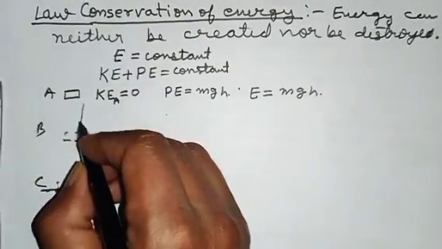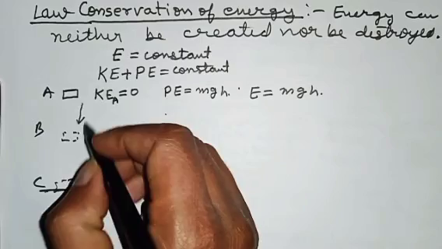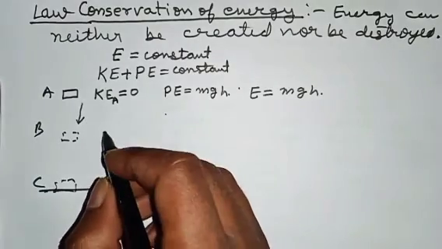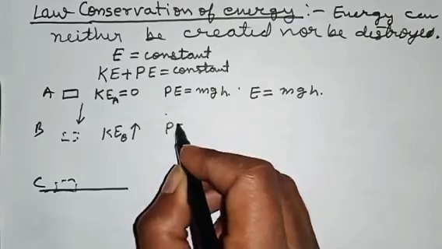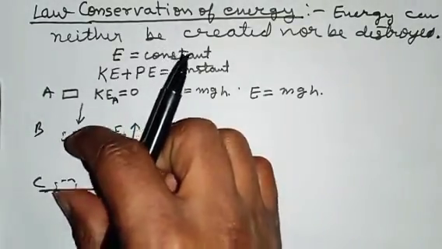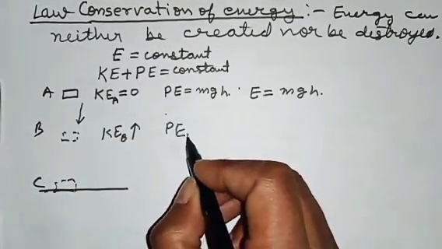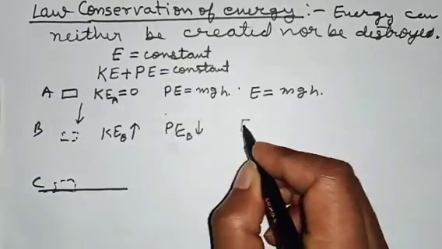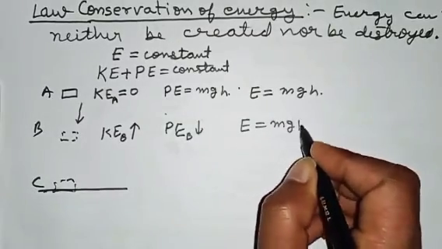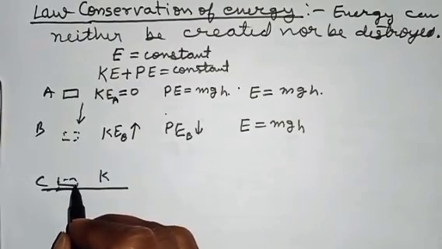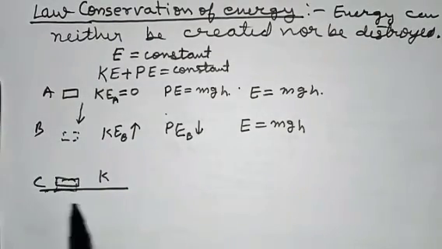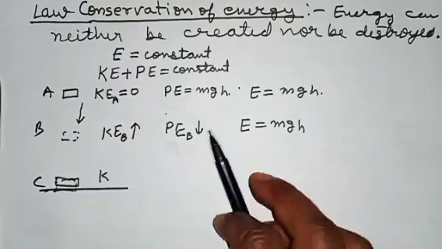Now it will speed up, and when it speeds up, its kinetic energy increases, and its potential energy, because its height from the ground level is decreasing, decreases, but still total energy remains mgh. And at C, just consider it is about to hit, because when it hits the ground, it will stop.